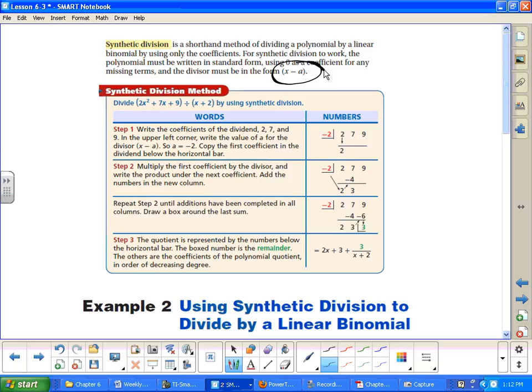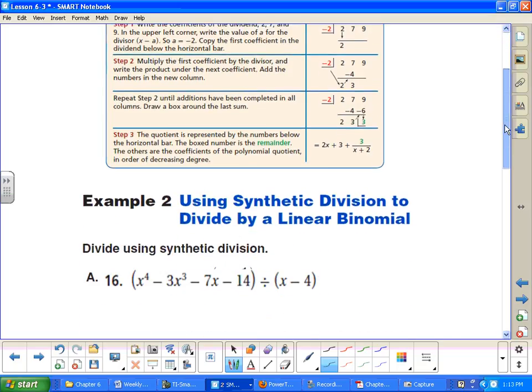So if I have the factor x minus a, what makes x minus a equal to 0? What value of x? A does, right? Because if I do a minus a, I get 0. So with synthetic division, we're going to actually use the 0 to be able to find the answer.